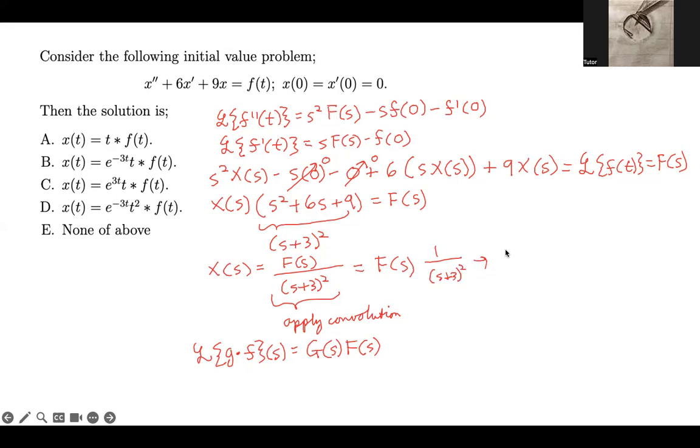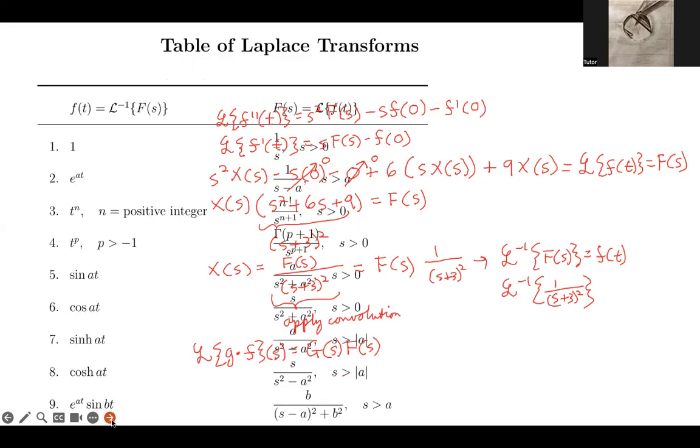And we can further find that the inverse Laplace of F of s is equal to f of t, and that the inverse Laplace of 1 over s plus 3 squared, according to our Laplace table, is given by, let's go to our Laplace table briefly, let's see if we can find it.